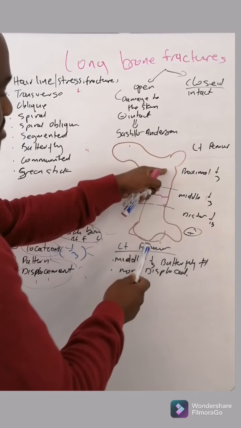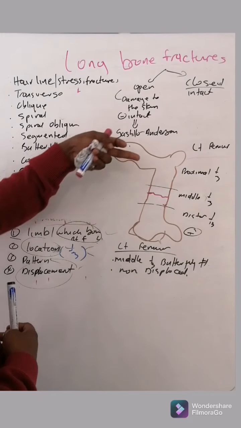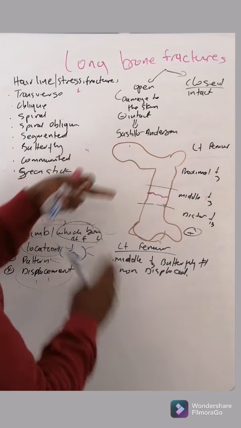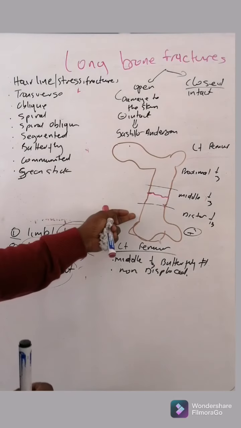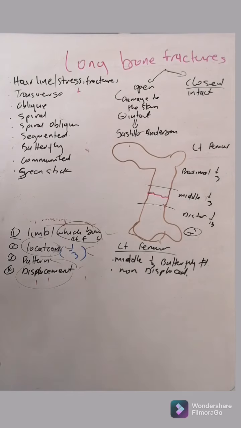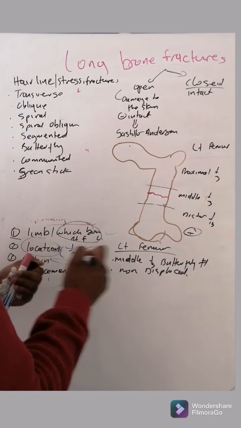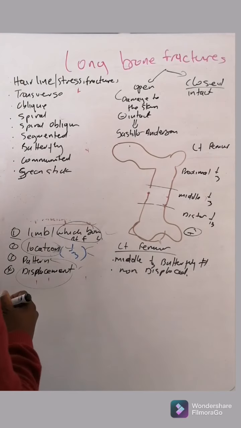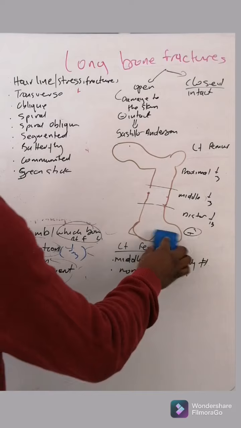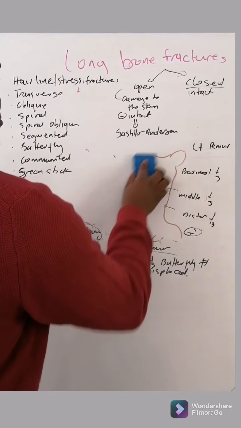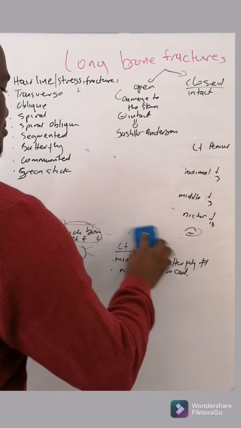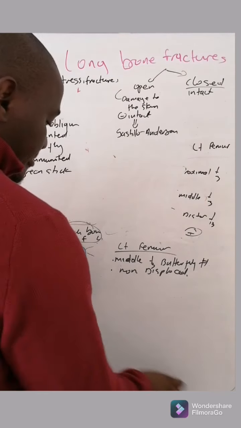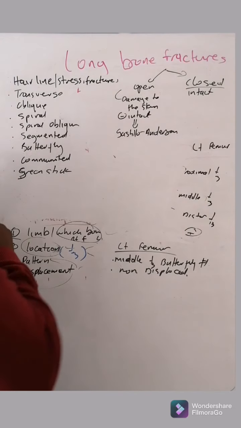If this same fracture was going to be here, I would say left femur, proximal third transverse fracture undisplaced. Or if it was distal, you just change. Now let's say I have a fracture like this. Let's say now my fracture was like this.